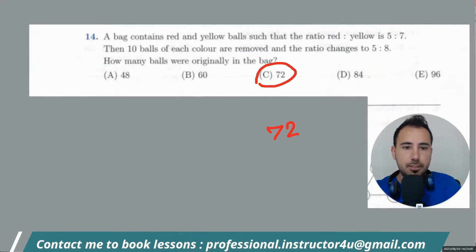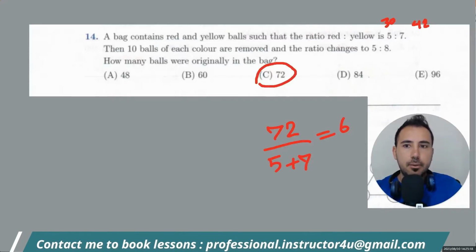It is going to be 72 divided by 5 plus 7, which is 6. So that means we had 30 red and 42 of this. I just multiplied 6 by 5 and 6 by 7.